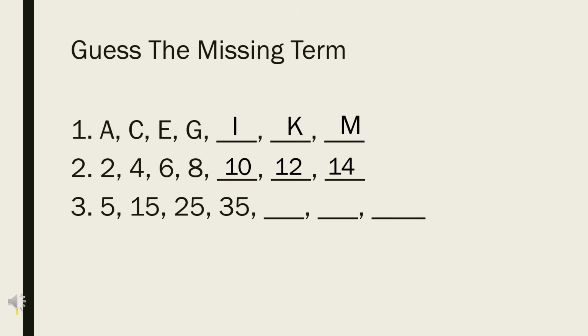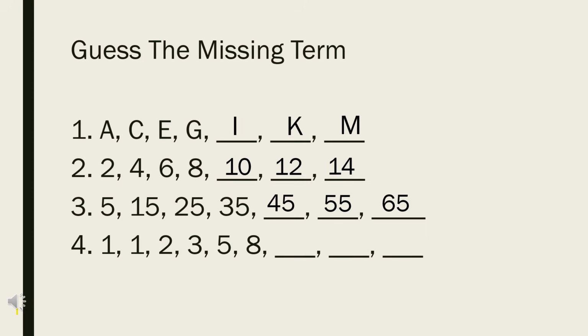To obtain 25, we add 15 by 10. To obtain 35, we add 25 by 10. So it's just 5 plus 10 plus 10 plus 10 and so on. The next one after 35 is 45, plus 10 we have 55, and then plus 10 we have 65.